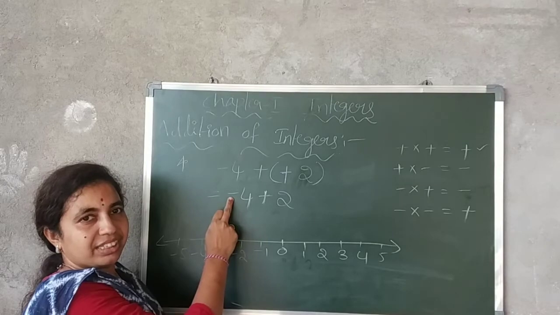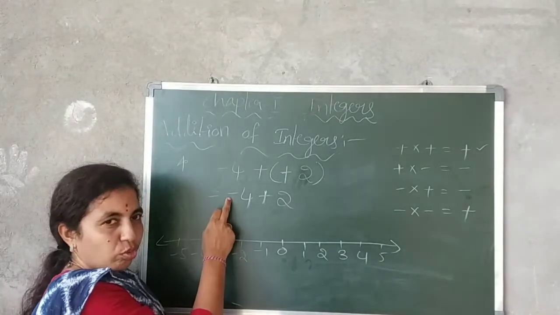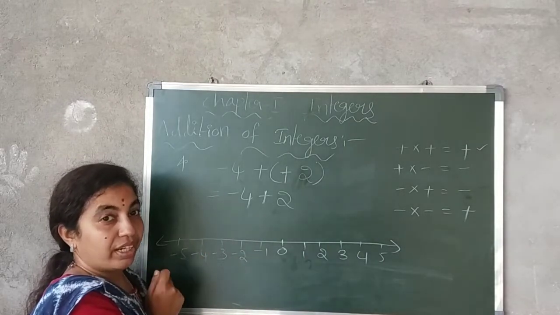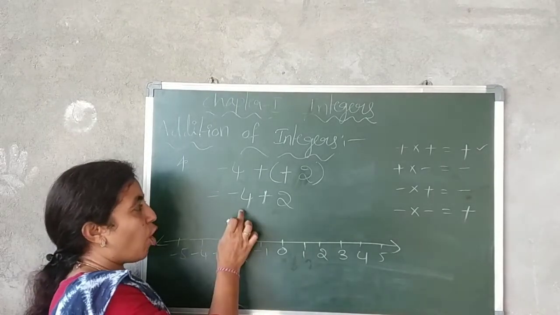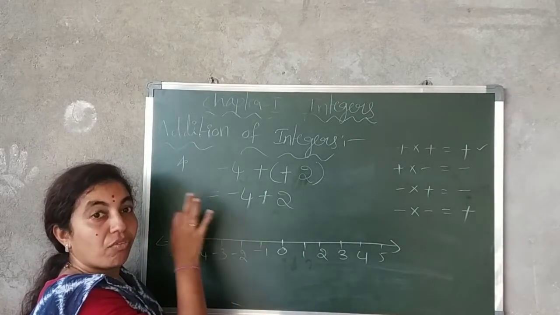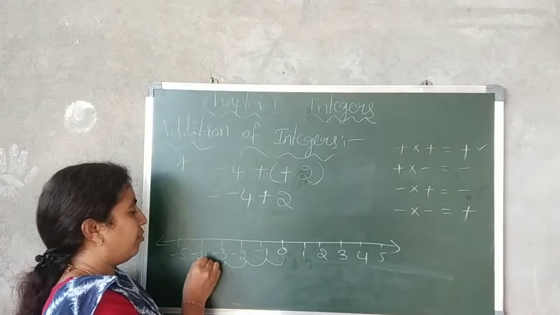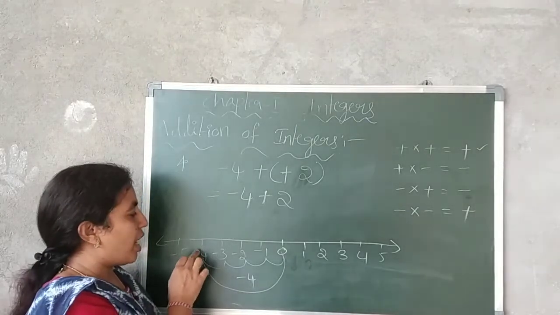Minus. First you should see the sign, then the number. Minus, so where should you move? On the left side of 0, or backward. From 0, how many steps should you move left? 4 steps. 1, 2, 3, 4. So this is nothing but minus 4. Now you are at minus 4.